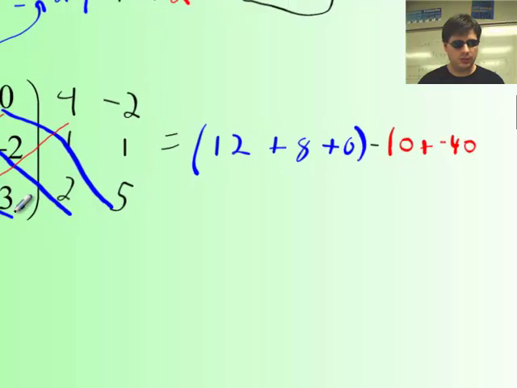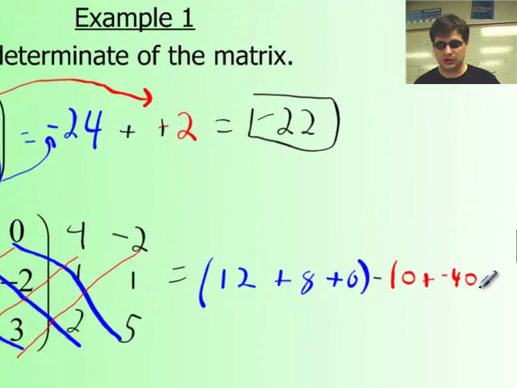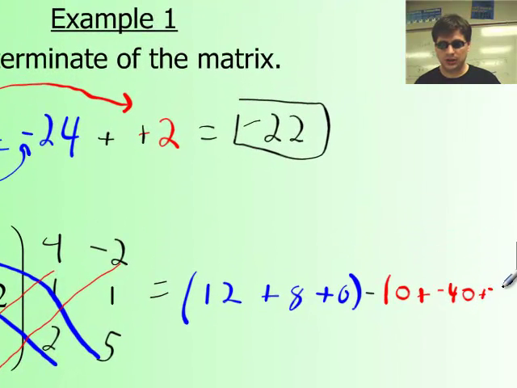And finally, we multiply 3, 1, and -2, which will give us -6. So plus -6.